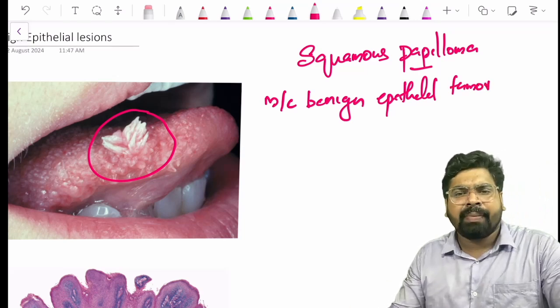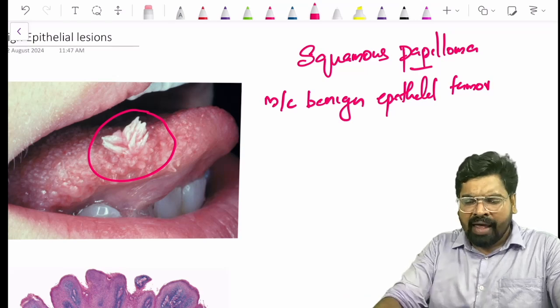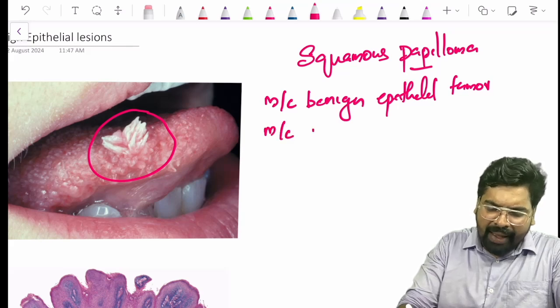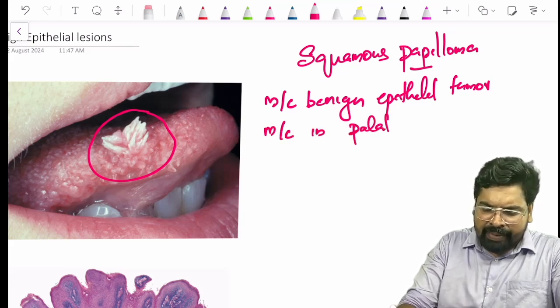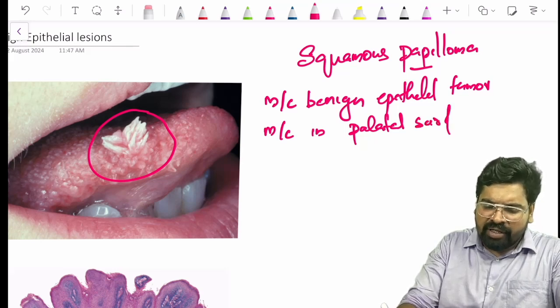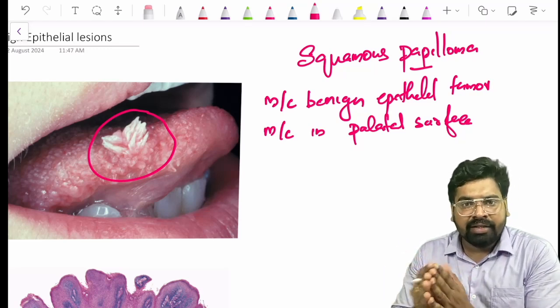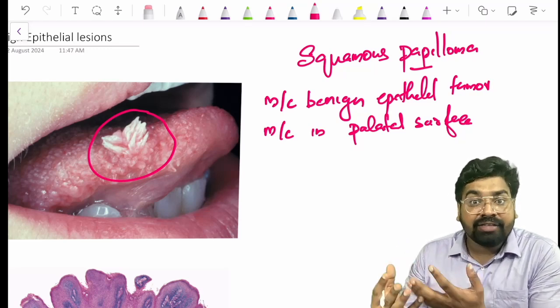Papillomas are most common in the palatal region. The palatal surface is the most common site, not the tongue.